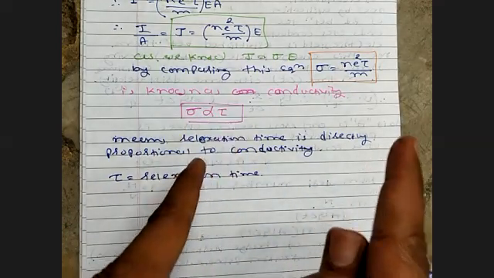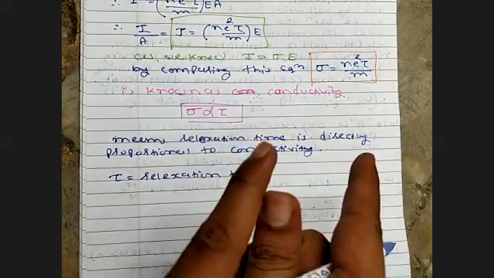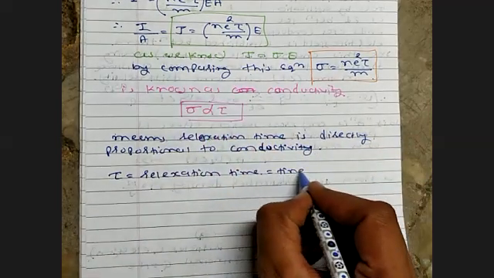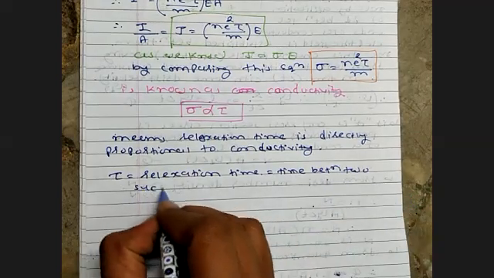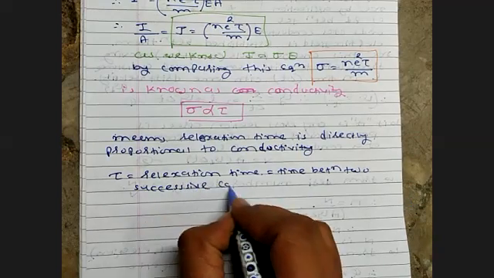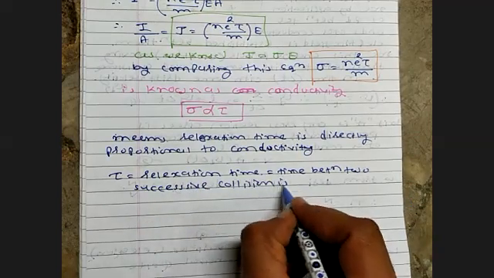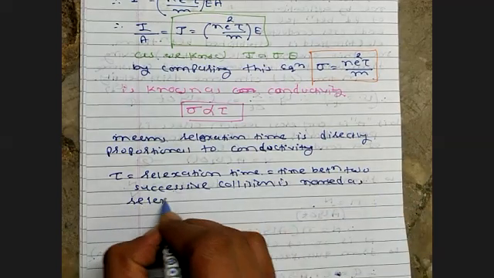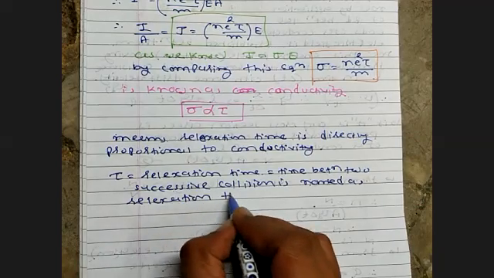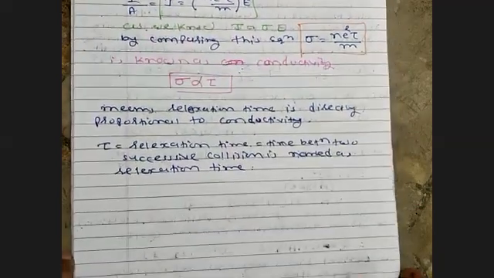The time between two successive collisions is named as relaxation time. Time between two successive collisions is named as relaxation time.